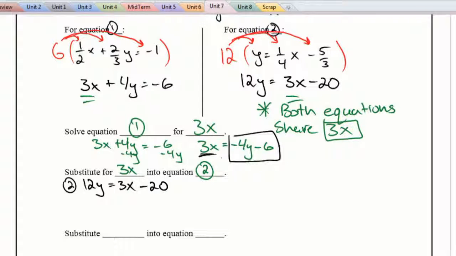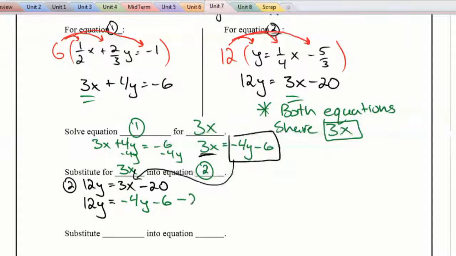So everywhere there's a 3x in this equation down here, I can plug in negative 4y minus 6, which maybe doesn't seem super obvious at first, but we're going to go for it. So instead of writing 3x, I'm going to write this as negative 4y minus 6.